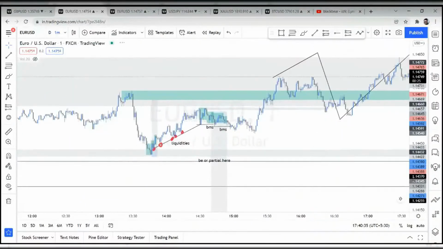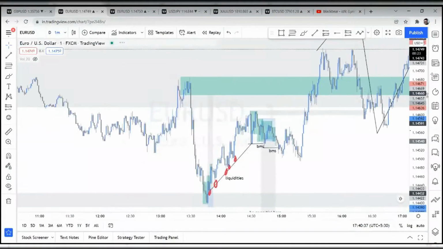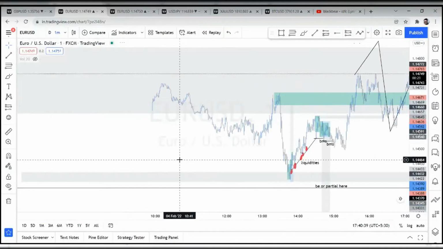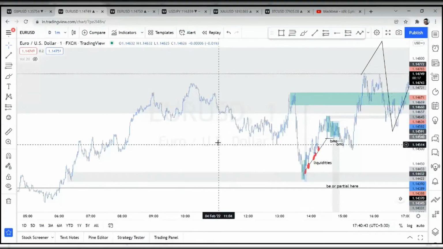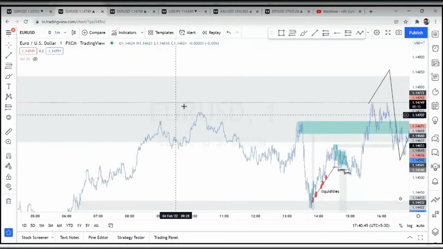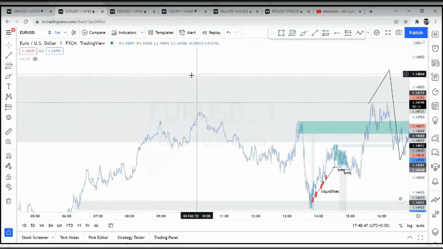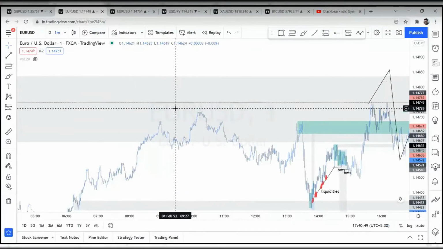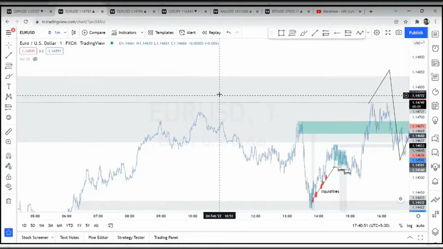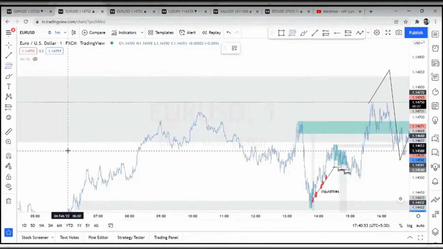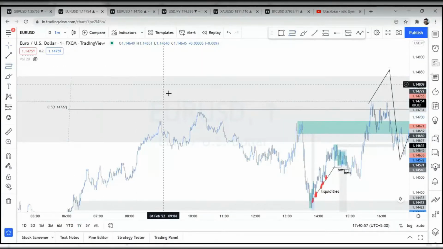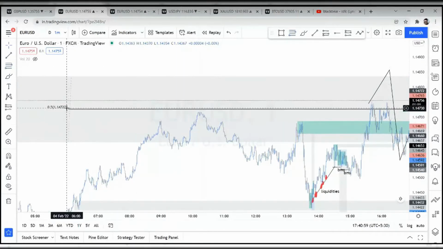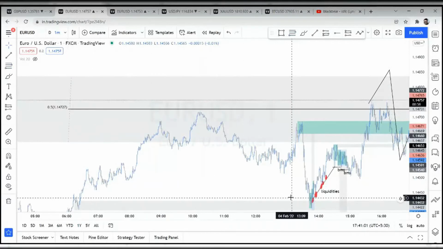So what happened was, we tapped into this area already. We tapped into this area, and if we take the 50% of this zone, it will be somewhere here. We haven't exactly reached that area. You can see if we take the 50%, it's somewhere here. We have not touched the 50% mark.